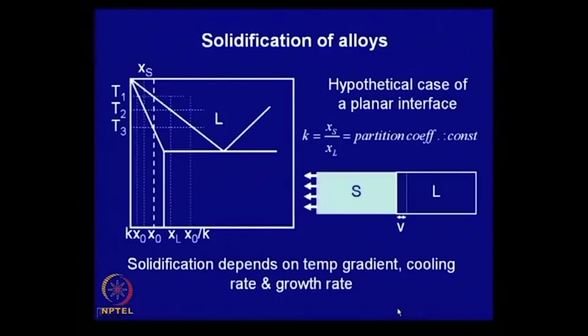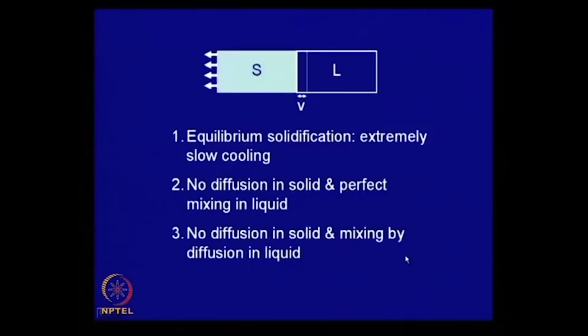We also assume that the growth rate is constant, that is, the rate at which this interface moves is constant. Now, there can be several possibilities, and let us look at three of these.